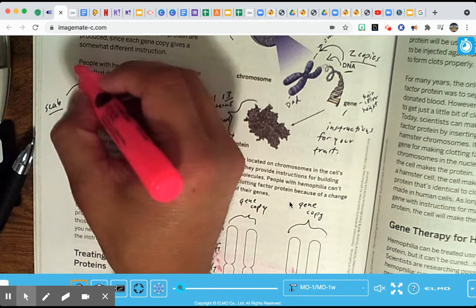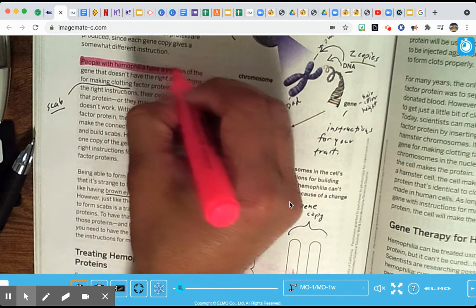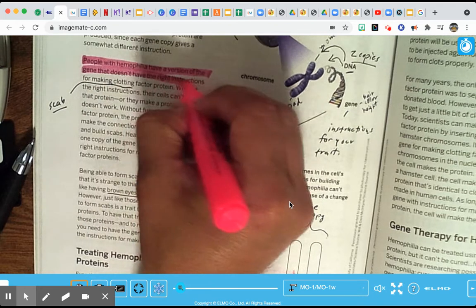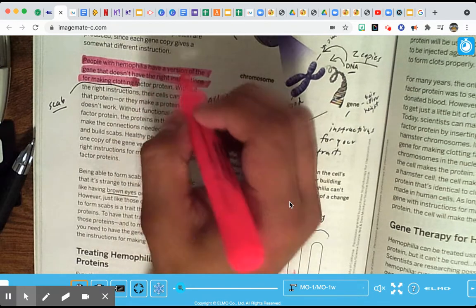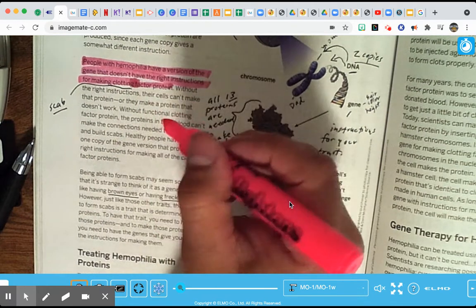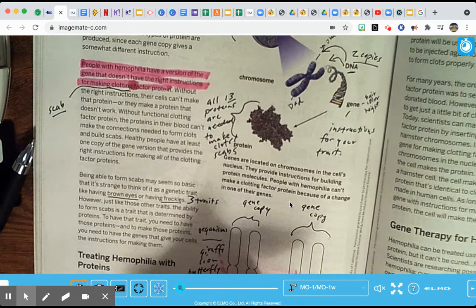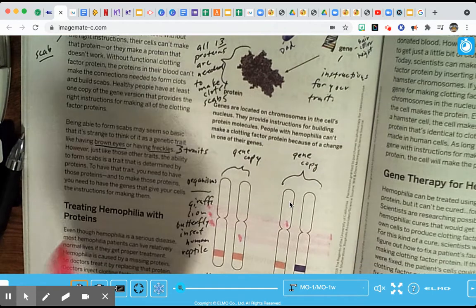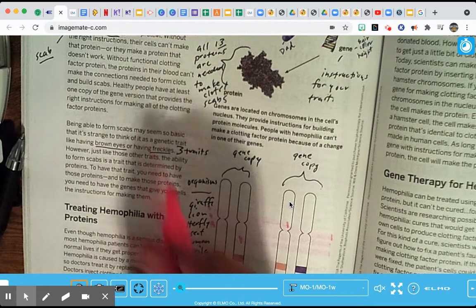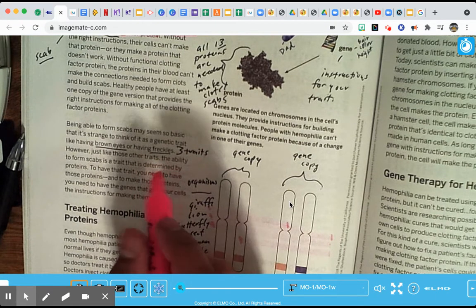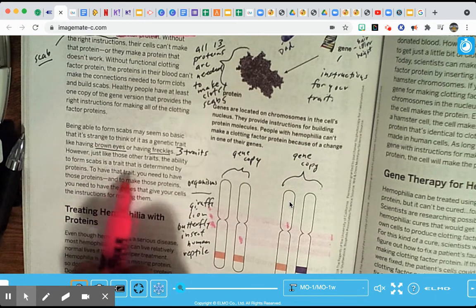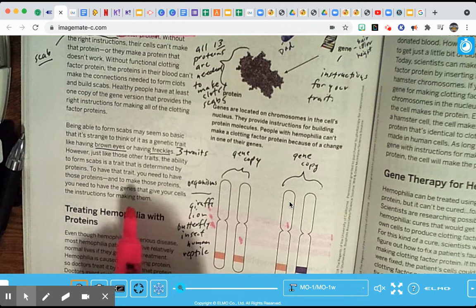Oh, and going back, this is the main idea for that paragraph. And usually it's the first sentence. Usually it's the first sentence or it's the last sentence. And right here, let's see here. The ability to form scabs is a trait that is determined by proteins.